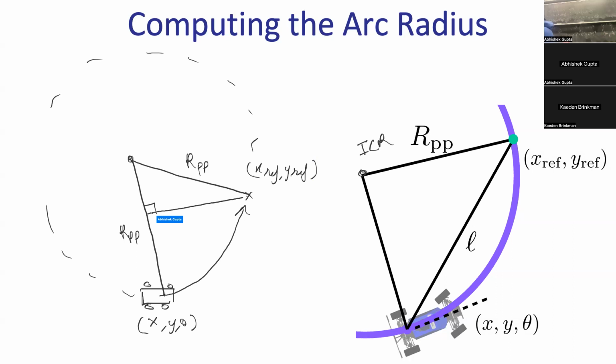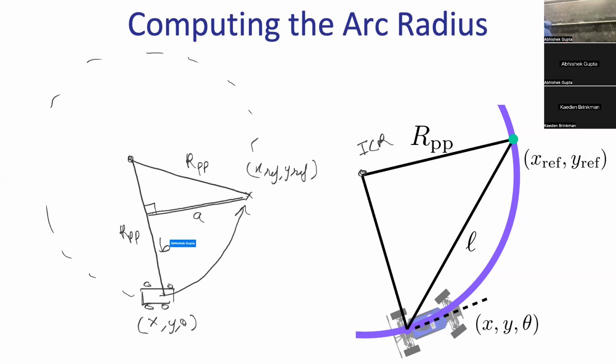You can almost think of it like drawing a right angle from x_ref, y_ref to the line from the car to the center of rotation, right? We're just going to draw a right angle, and I'll explain why that matters in a second. Let's call this distance A, and let's call this distance B, right?